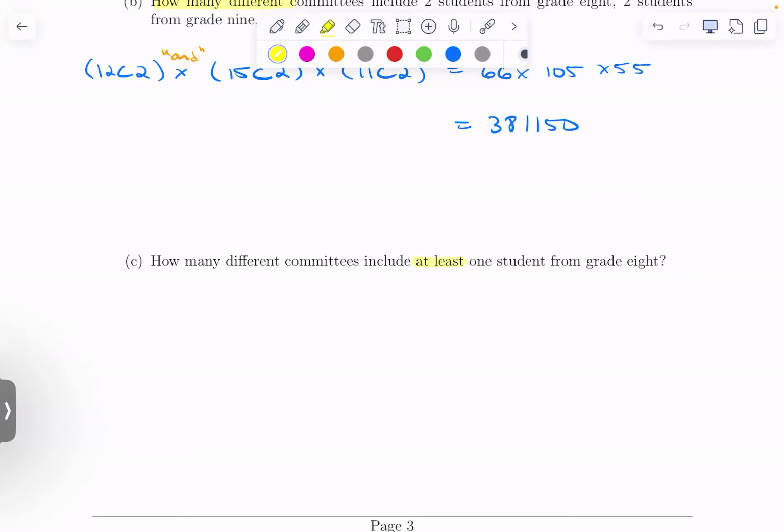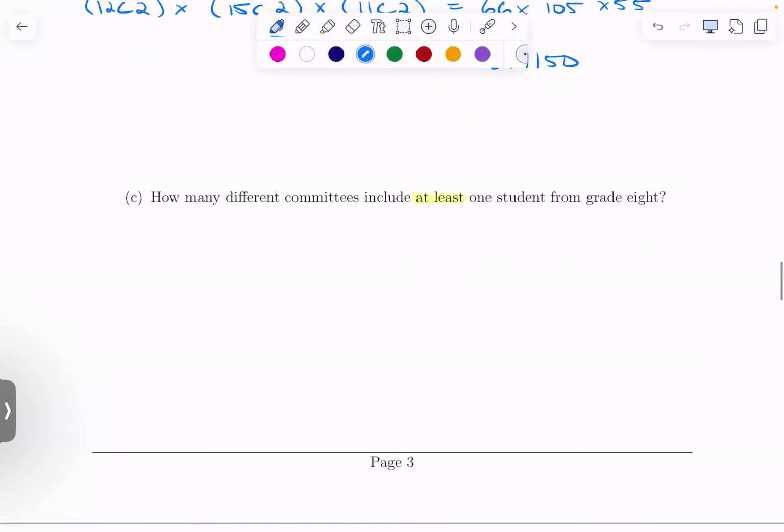Because at least 1 student from grade 8 is the same as the total minus none from grade 8.